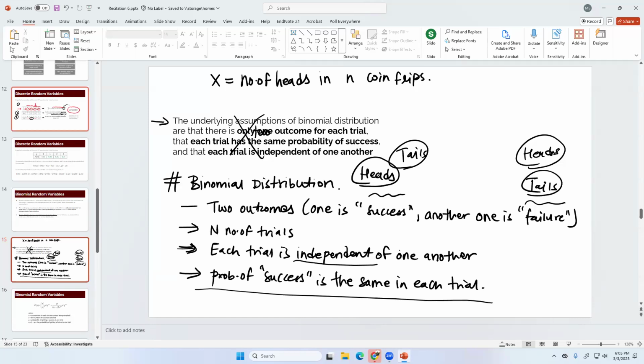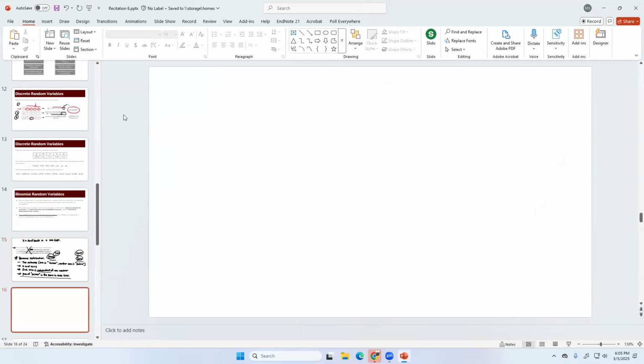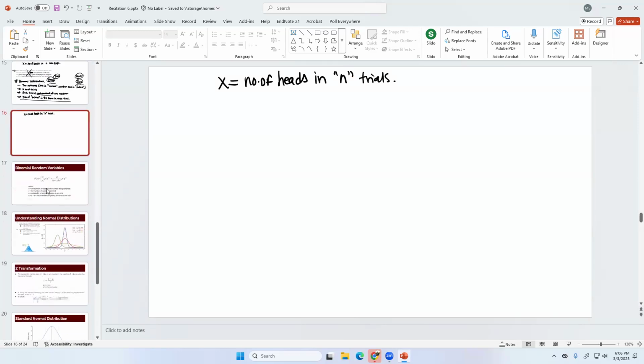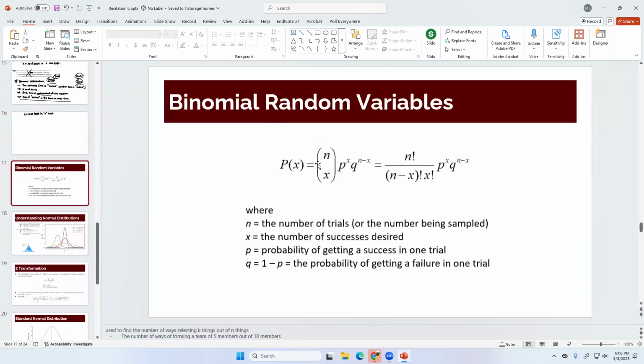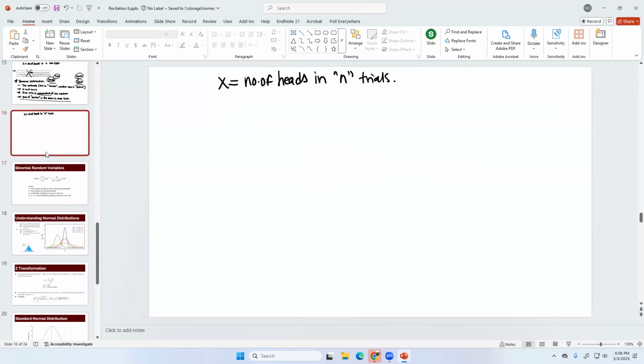Okay, and one of the examples, as I was saying, is this. If x is the number of heads in n trials, then you can use a binomial distribution. And this is the binomial distribution formula. Let me write it down.